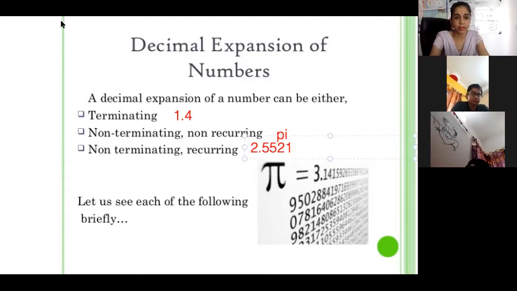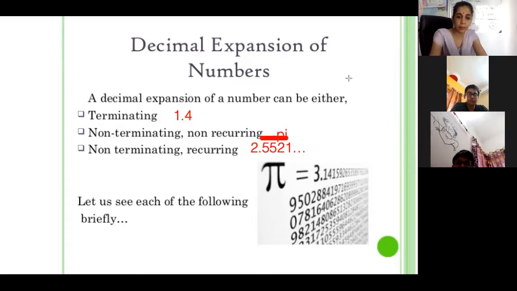Because bar represents that it is repeating, और नीचे मुझे I have to show 3 dots which represents that it is recurring but non-terminating. रुक नहीं रहा है. So I'll be using a bar. Bar मतलब होता है कि कोई भी digits जो मेरी repeat हो रही हैं. Oh, it's overlapping with pi, but now you have this concept in your mind. So let it be. So is that clear now?